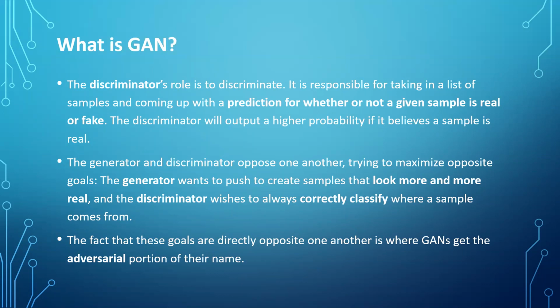If the discriminator says there's a 50% chance or above that it's a real image, then the model is trained to generate that sort of image.